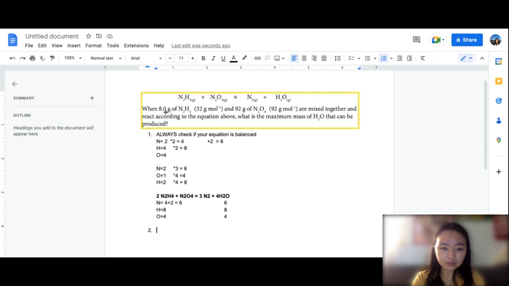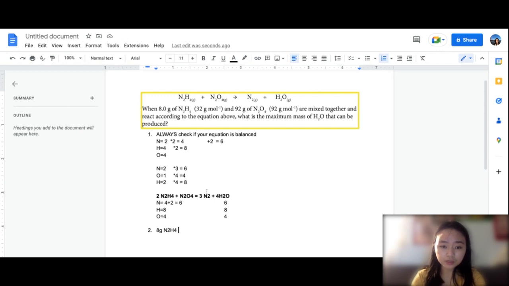So since we are given the mass, we can convert that to number of moles using this formula of molar mass here through dimensional analysis, where we're trying to cancel out the units to get the desired unit by multiplying by a ratio of 1. So we have 8 grams of N2H4, and we want to turn it into moles of N2H4.